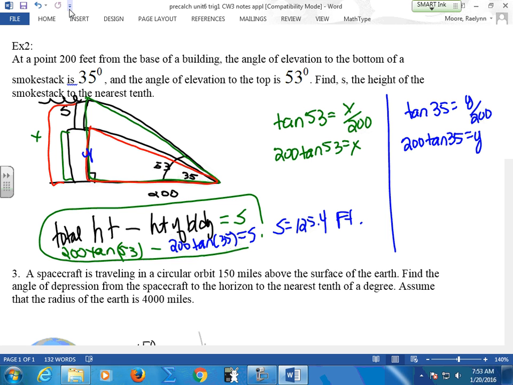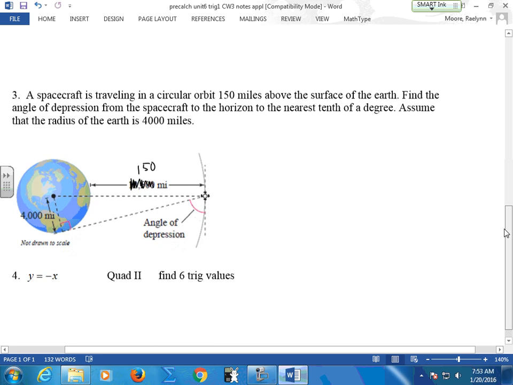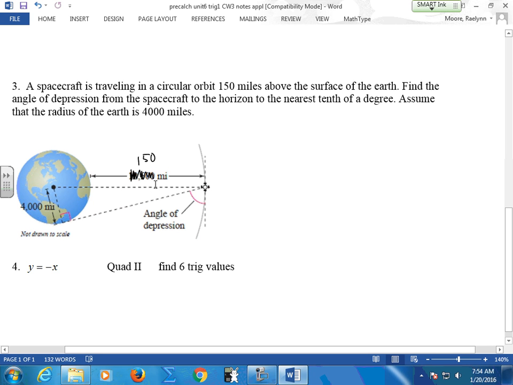Okay. Now this next one, I took this out of the book, but it is not drawn to scale. So clearly this is not drawn to scale right here. A spacecraft is traveling in a circular orbit.